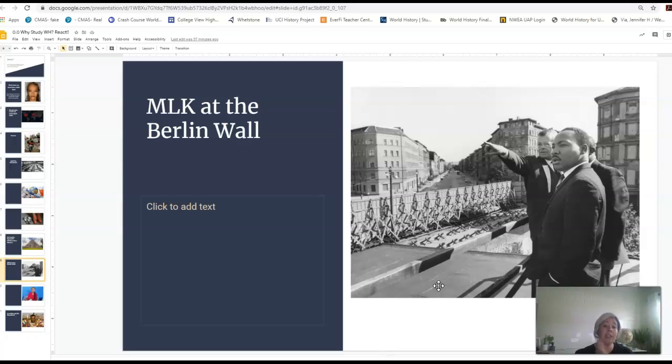It was a physical barrier that divided East and West Germany, from the side that went communist with the USSR and the Eastern Bloc after World War II and the Cold War, and then the opposite side, Western Berlin, that modernized with Europe and the United States. So why would an image of MLK standing at the Berlin Wall be significant to world history? We'll respond to that in number 8.